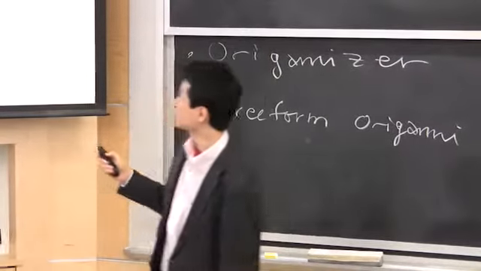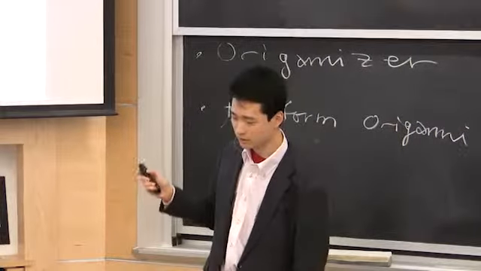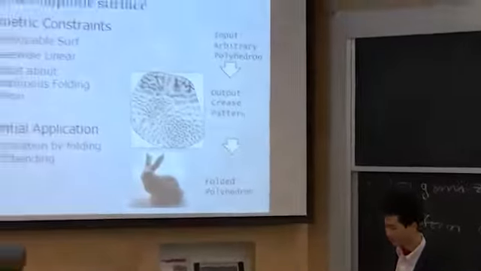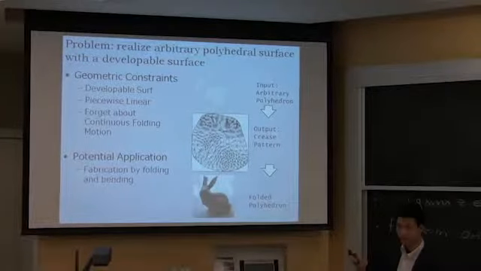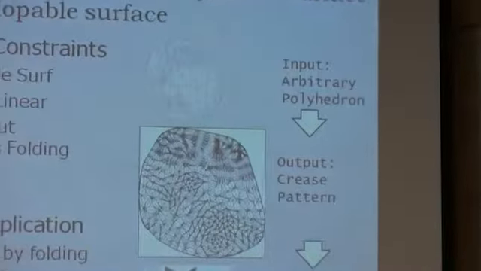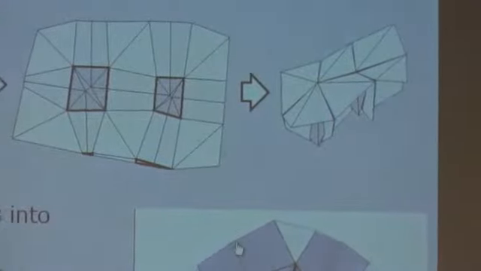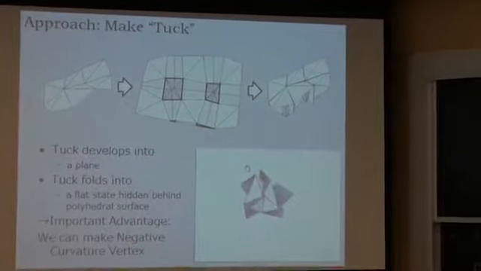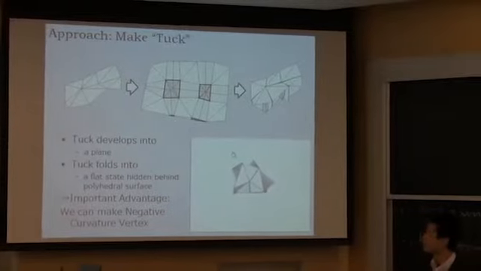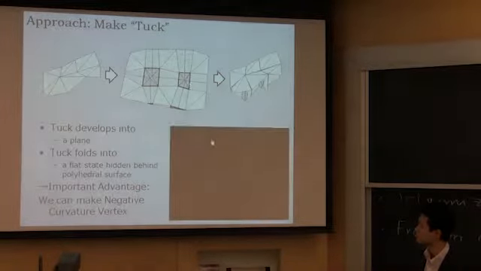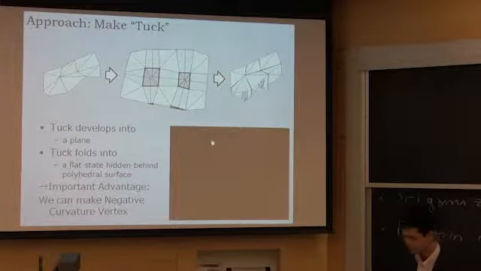So we put in an arbitrary polyhedron and get the crease pattern, and by only folding this part, you get the folded state that's the same as this arbitrarily given polyhedron. So the idea is to use tucks. This is a given polyhedron, and this gray area is our tucks.